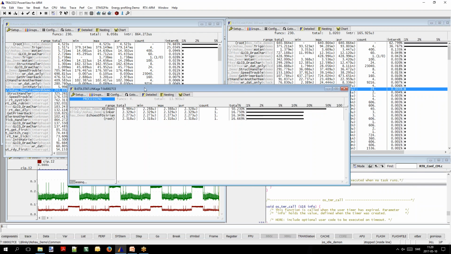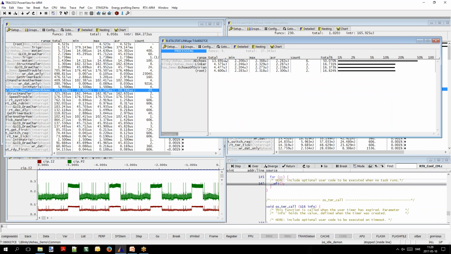If I go ahead and click on linkage, I see that common has been called 12 times by X echoes, 4 times by linker, 4 times by echoes of Osirian, and 4 times by the root. I can also see that the average is quite similar for common, independent of which function called common. So this is good, and I don't have any particular power peaks here.